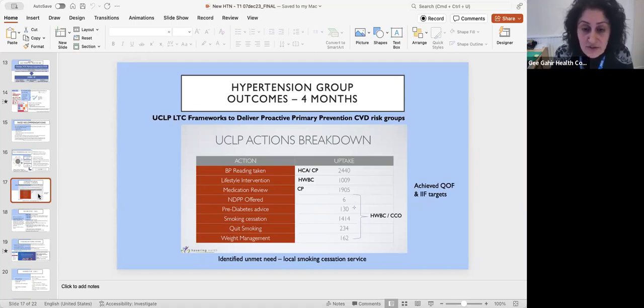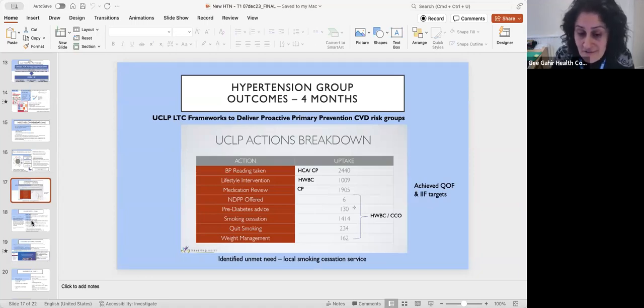But you can see out of a general population, 2,440 blood pressure readings were taken, and that was actually because care coordination was involved to ensure that BP monitors were distributed and we collated up-to-date readings, which enabled clinical pharmacists and healthcare associates to do their NHS checks.